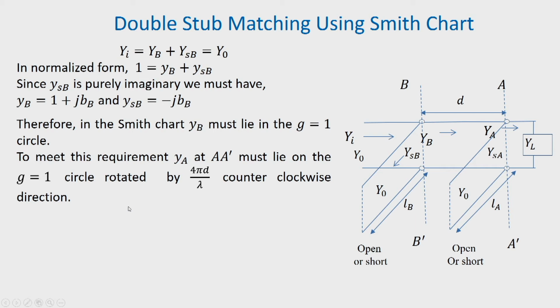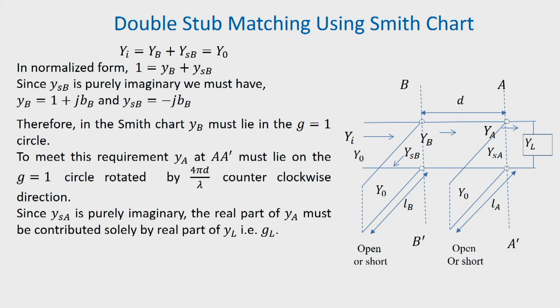To meet this requirement, y_A at A' must lie on the g equal to 1 circle rotated by 4πd/λ counterclockwise, that means towards the load, because then only once we come back to the g equal to 1 circle, we will get the required value of y_B.